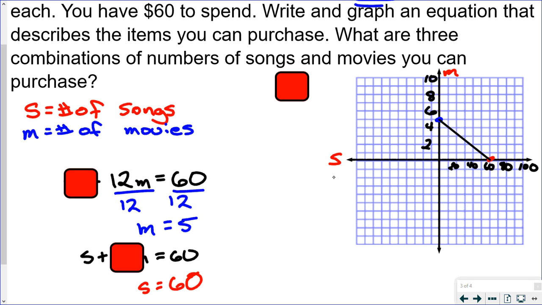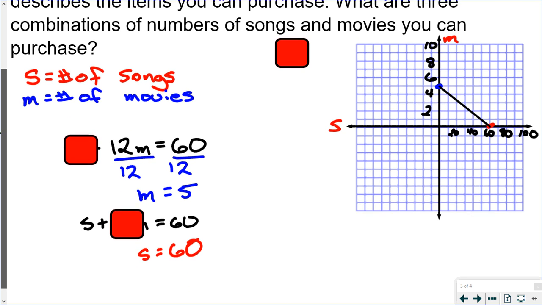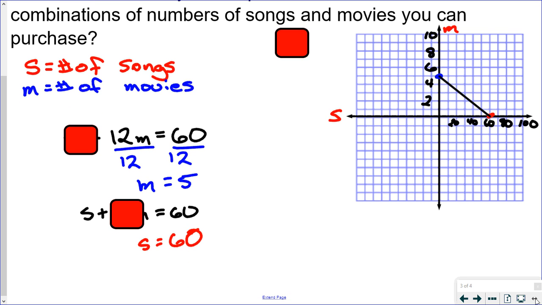So we're looking for 2 other points on this line, because the problem asks, what are 3 combinations of numbers of songs and movies you can purchase? There's a couple different ways that you could do this. One way is by looking at the graph and looking for good points that occur at intersections of the grid lines.